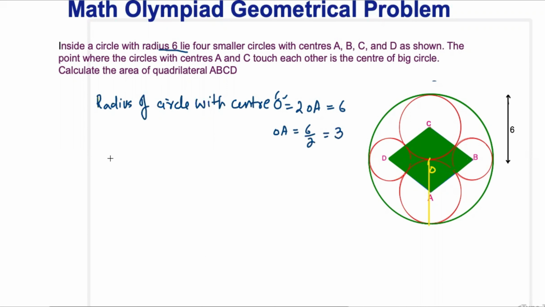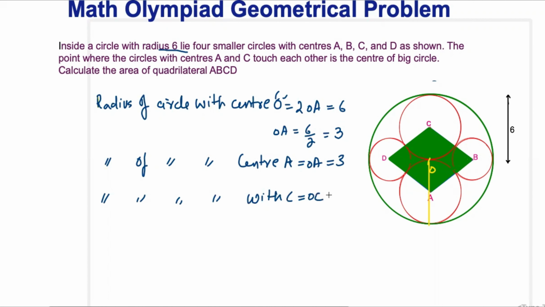Now the radius of the circles with centers A and C is equal to 3 units. We can write the radius of the circle with center A will be equal to OA, that's equal to 3. And the radius of the circle with center C will be equal to OC, and that's also equal to 3, because OA and OC are equal as these two circles are congruent.